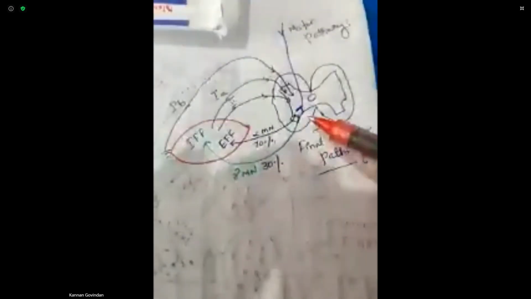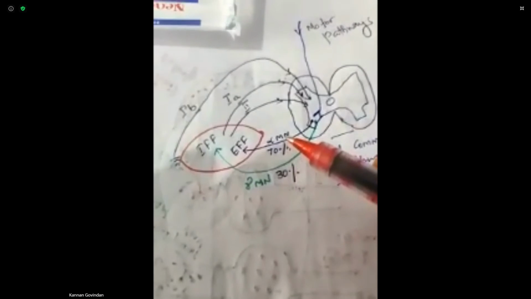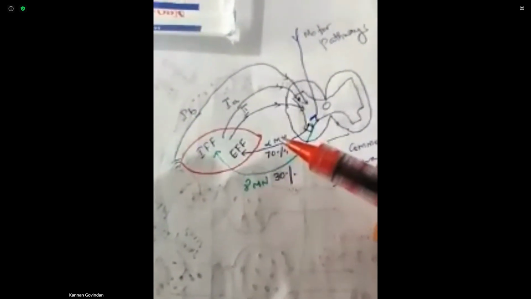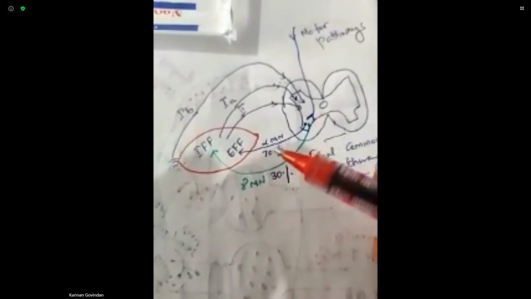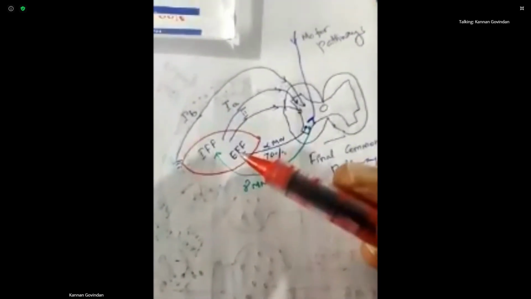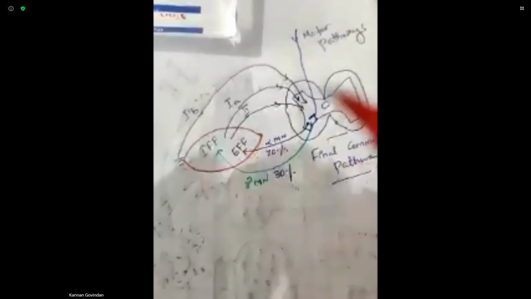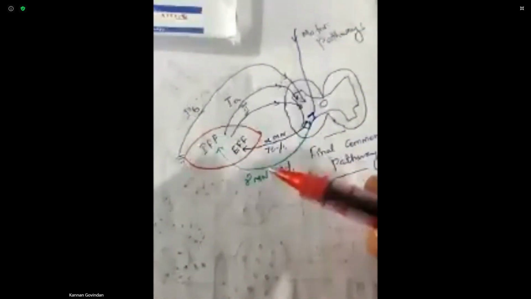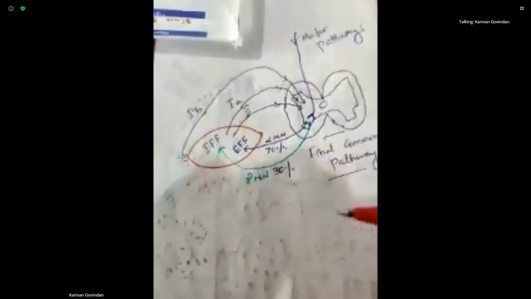The motor neurons supplying the muscle are of 2 types: alpha motor neuron and gamma motor neuron. Alpha motor neuron is the major type; 70% of motor neurons are alpha type. They supply the contractile portion of the muscle, the extrafusal fibers. The gamma motor neurons are less prominent, 30%. They supply the intrafusal fibers.